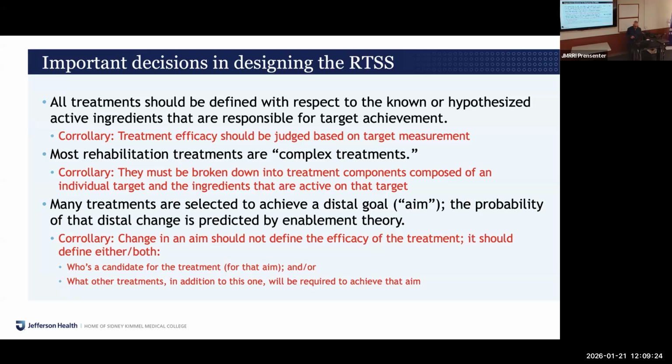Second important point, almost all rehabilitation treatments are what we refer to as complex treatments, meaning that it's a bundle of ingredients that are treating a set of interrelated targets for a larger goal. So, let's say you wanted to treat depression. You might have the medication that's designed to change mood.